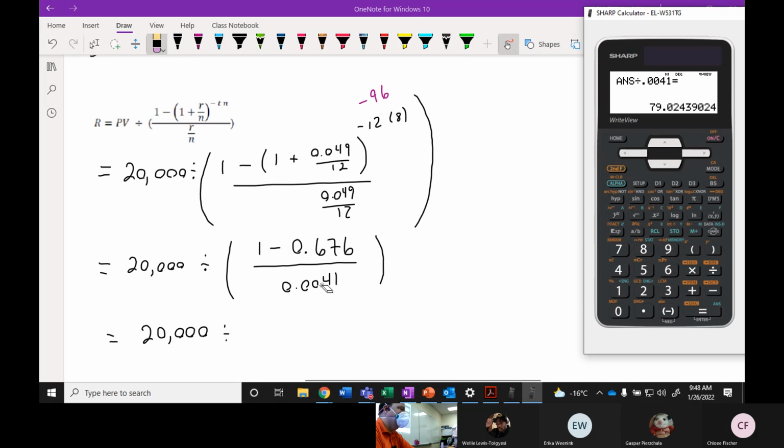Because I did the calculation here, so when I plug it in my calculator, whatever this number is divided by this number, I can just put in 0.0041 instead of a fraction. So this number here equals this number here. It's a lot easier for me to go 1 minus this divided by 0.0041 instead of 1 minus this divided by 0.049 divided by 12.